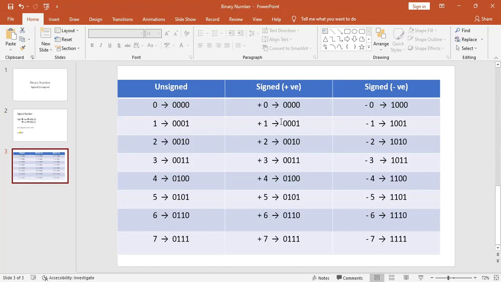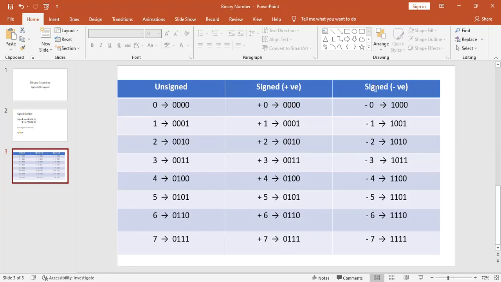If you look carefully, the second column is the same as the first column. By default, if it is a positive sign number, the first digit, the MSB, will be all zeros from 0 to 7.